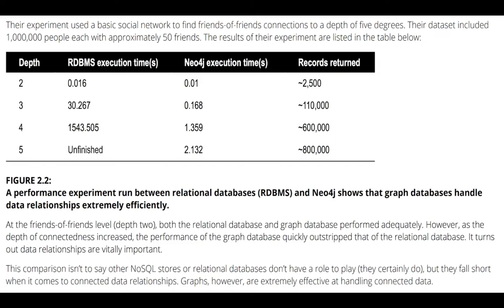The records returned will be approx 2500. At this phase you can see both the databases are giving the same execution time. But when we increase the level of depth, relational database will complete its execution in 30 seconds, whereas Neo4j will give the result in 0.168 seconds and it will return the records approx 1 lakh.